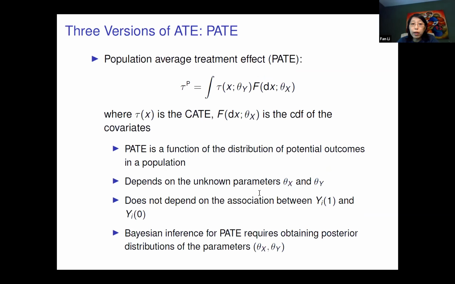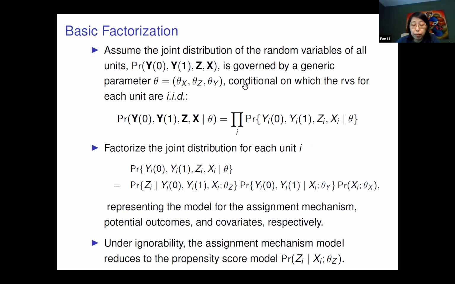Now back to PATE. I already introduced it, but now we can rewrite it a bit, because I have introduced the concept of parameters. The outcome model is governed by a parameter, and the assignment mechanism also has a parameter, so they all have parameters.